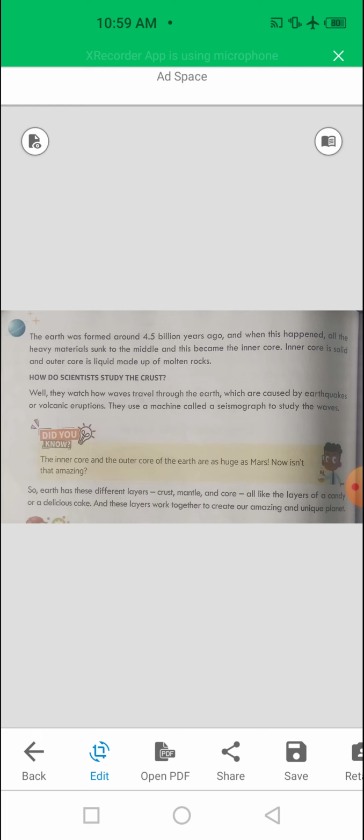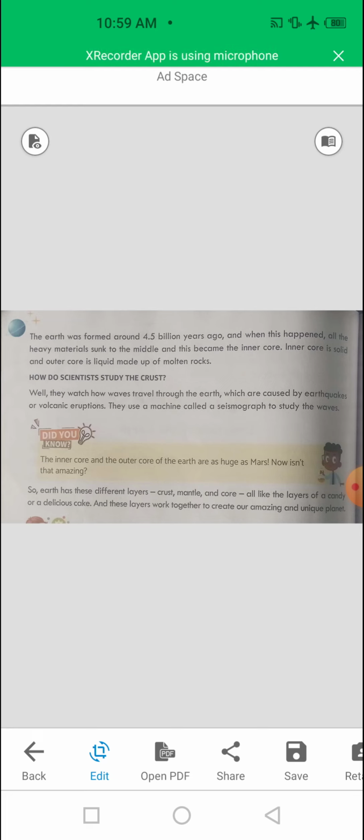So students, when the earth was formed, all the heavy material sunk to the middle, and it became the inner core, that is the solid, and the outer core, that is made up of molten rocks, is liquid.